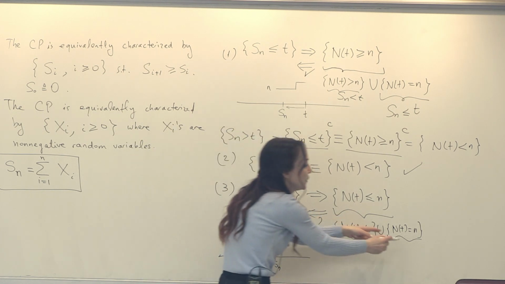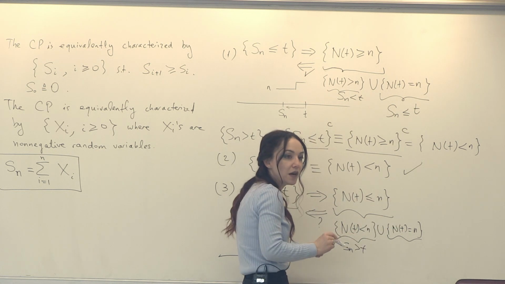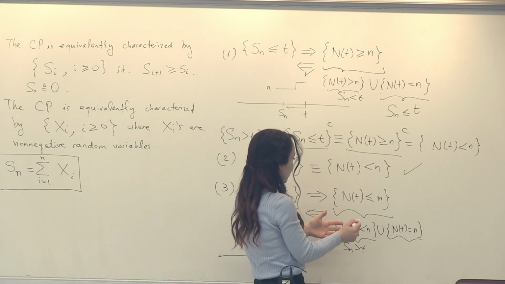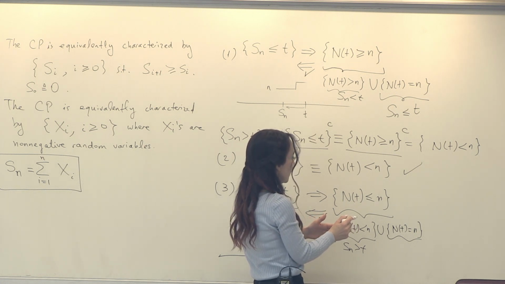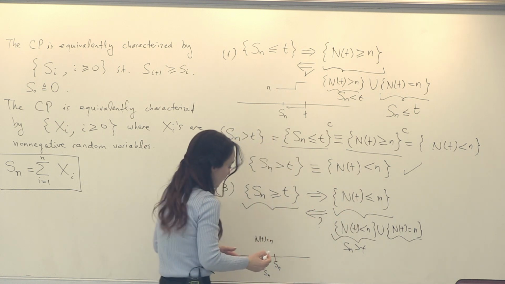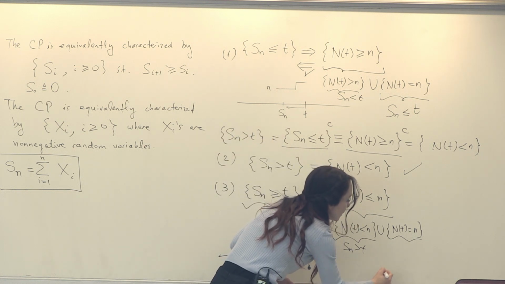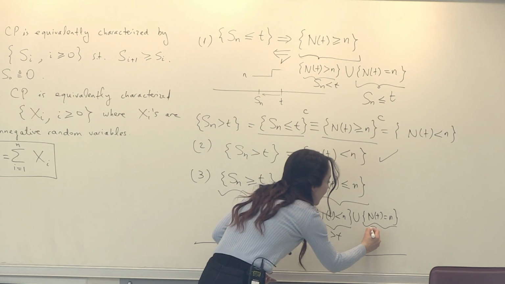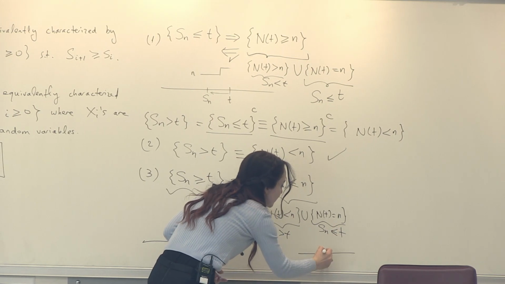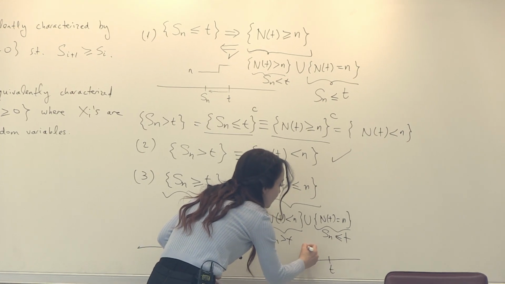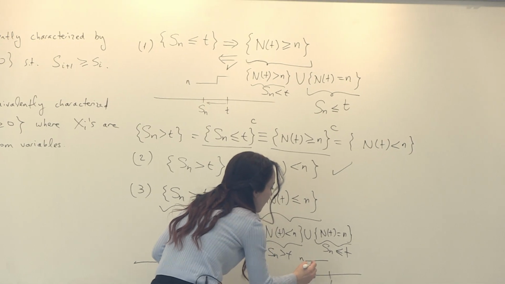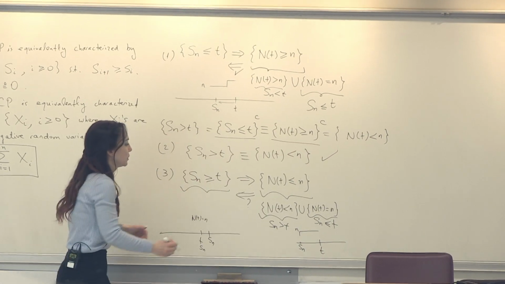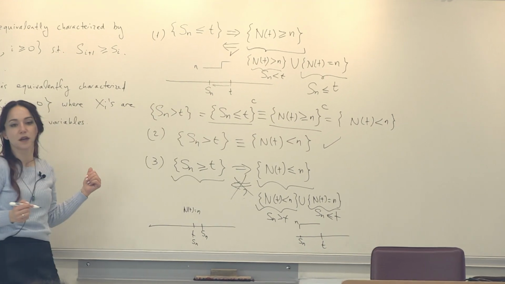But in the N(t) equals n case, as Atakan pointed out, Sn may have happened before t. Sn is less than or equal to t, right? Because at t we have level n reached. Therefore, Sn must be at or before t.